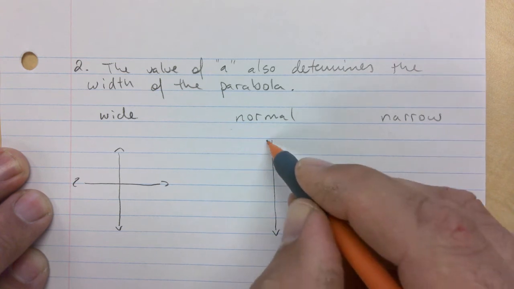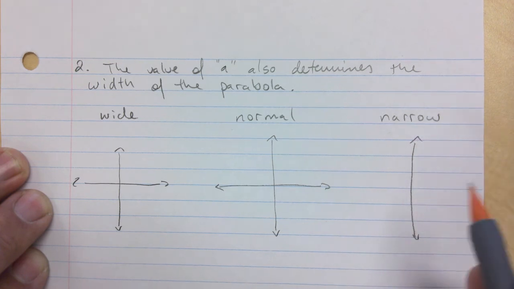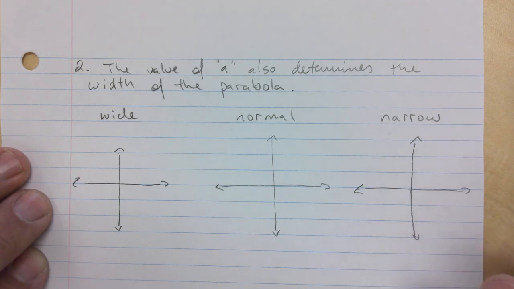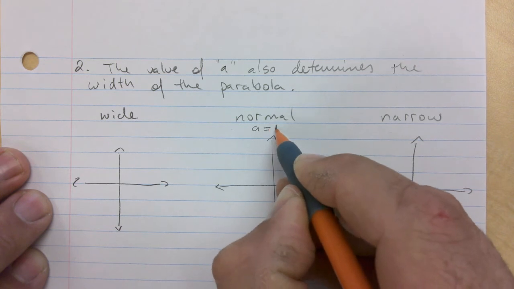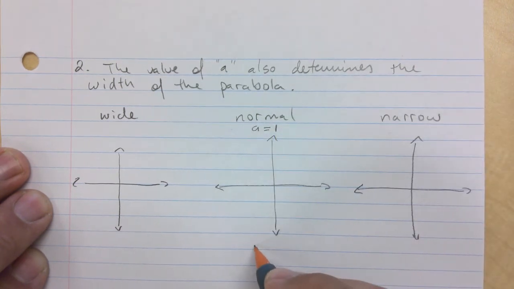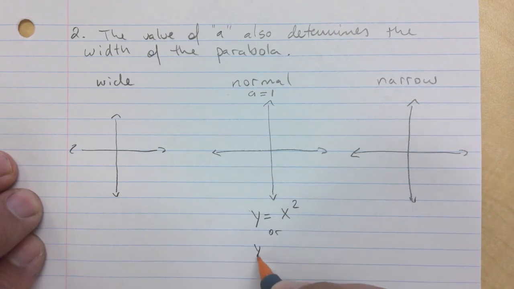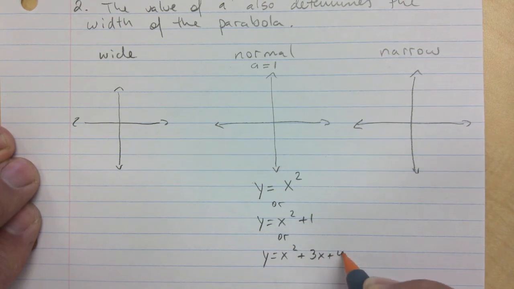I'm going to start with normal first. So the normal scenario is when a is equal to 1, right? So your example could be y is equal to x squared, or y is equal to x squared plus 1, or y is equal to x squared plus 3x plus 4, right?